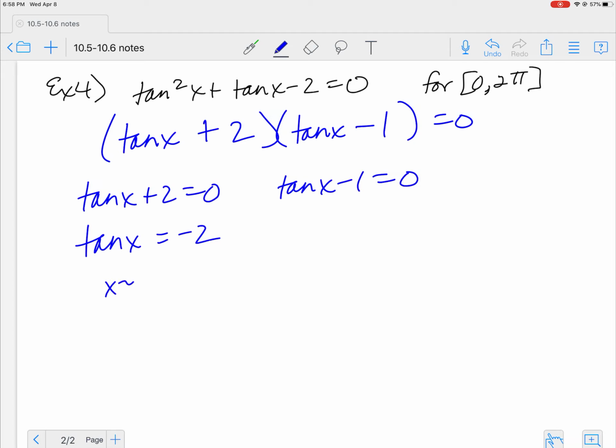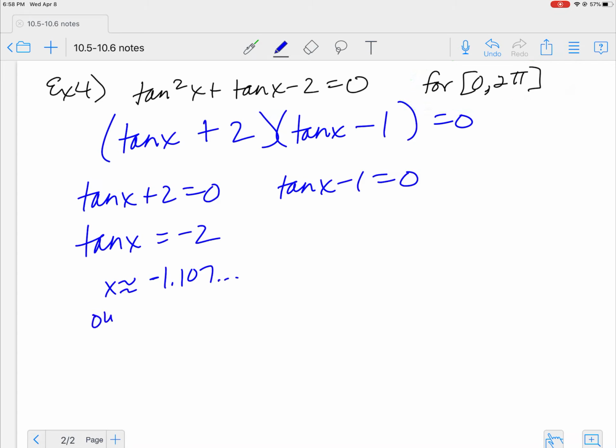If I have tangent of x equals negative 2, is that a common thing that we know? No. So you can go through here and do inverse tangent. So inverse tangent of negative 2 is going to give you that value. Plug that into your calculator, and you come up with about negative 1.107.